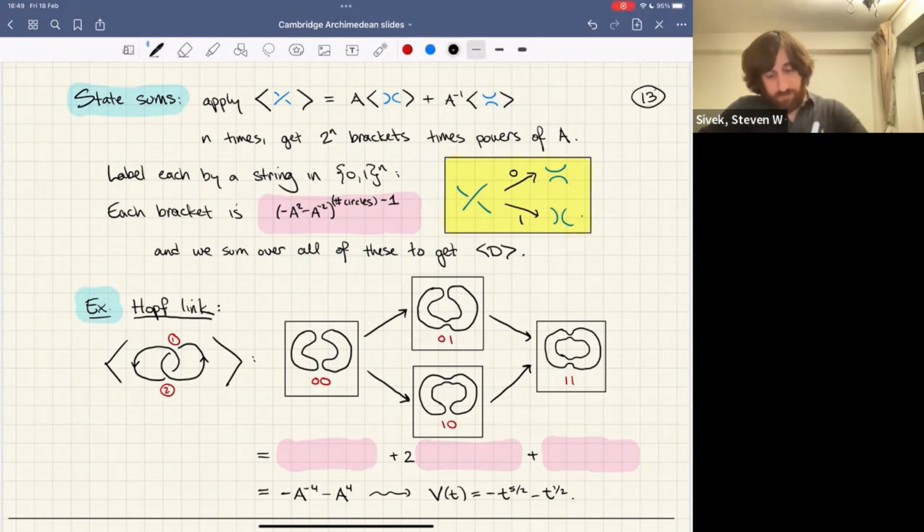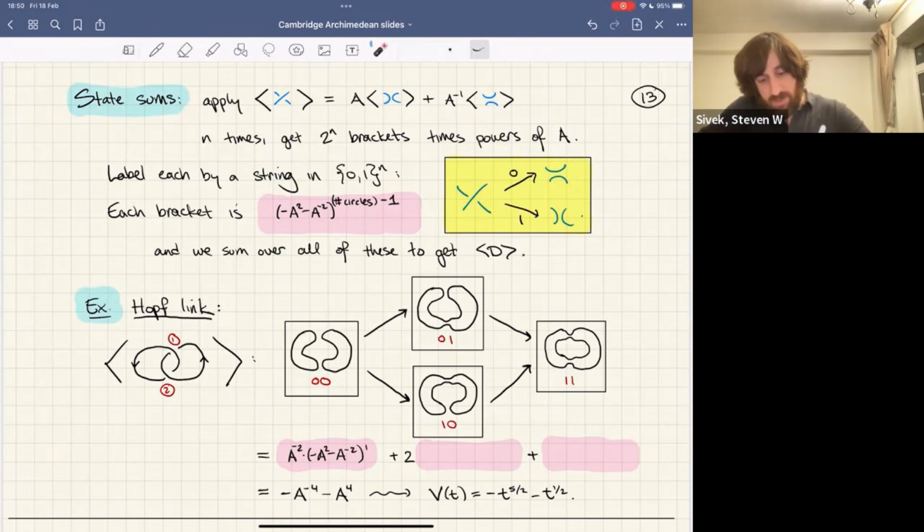Well, there's 2 circles, so it's going to be minus a squared minus a to the negative 2 to the first power, because there are 2 circles and 1 less than that is 1. And then we have to weight it by, well, when we made this resolution twice, we picked up 2 powers of a inverse. So a to the minus 2 times that.